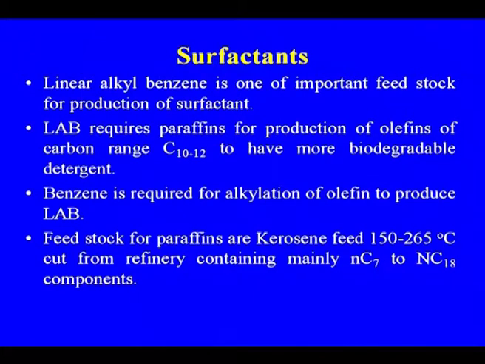So, the feedstock for the paraffins is kerosene, because we are taking a particular fraction of the kerosene for extracting the paraffins, and that goes to the making of olefin. That particular cut is again fractionated so that we get the required carbon number and a more biodegradable nature of the surfactant.